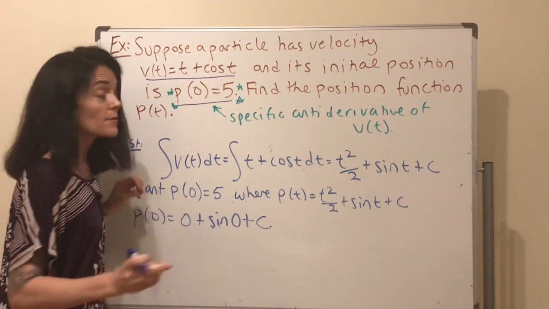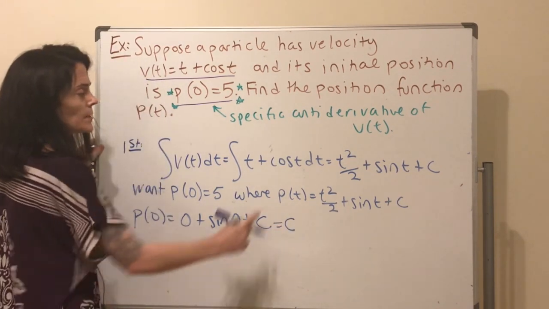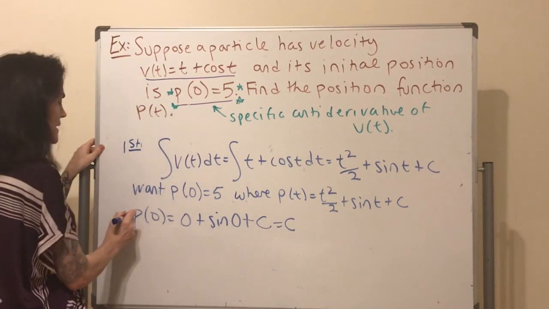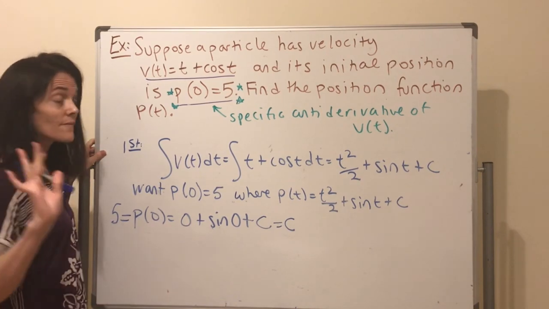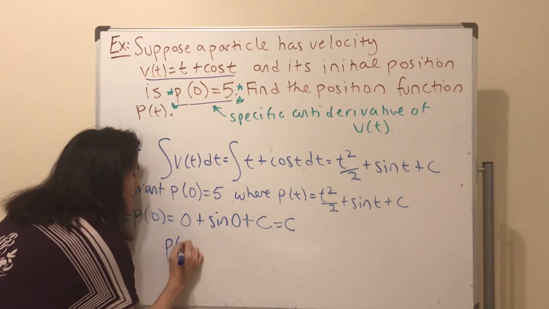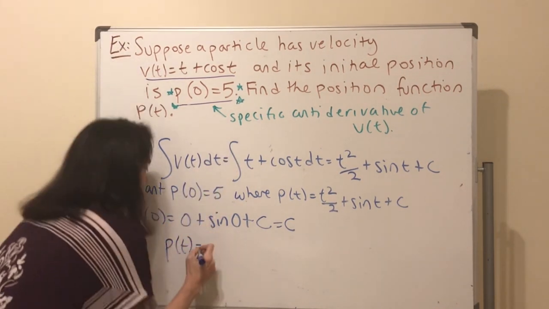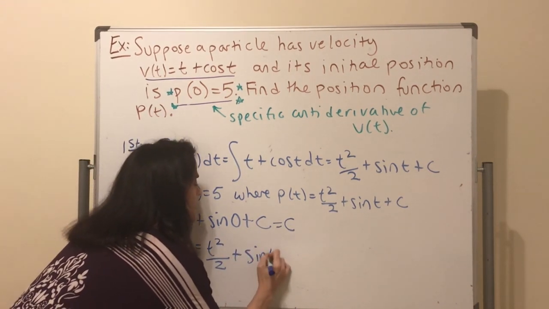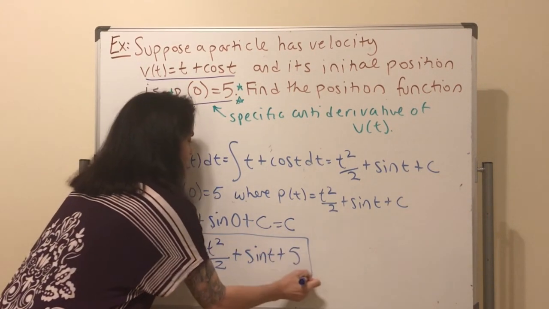The sine of 0 is 0, and so P of 0 is just c. But then here we want P of 0 to be 5. And so this tells us the constant is 5. Altogether, we have the final answer. This particular antiderivative is t squared over 2 plus sine t plus 5. This would be the answer here.